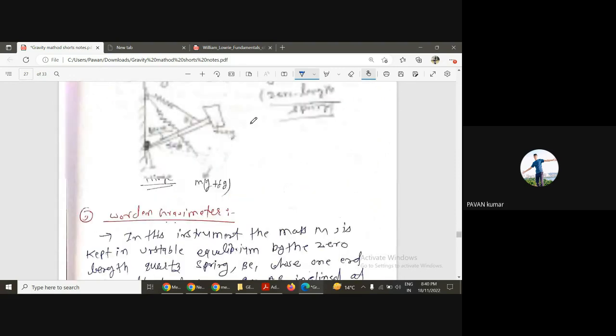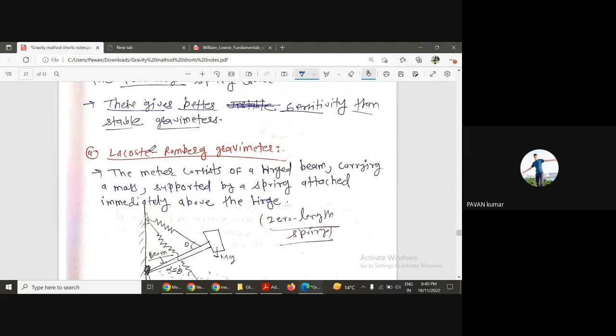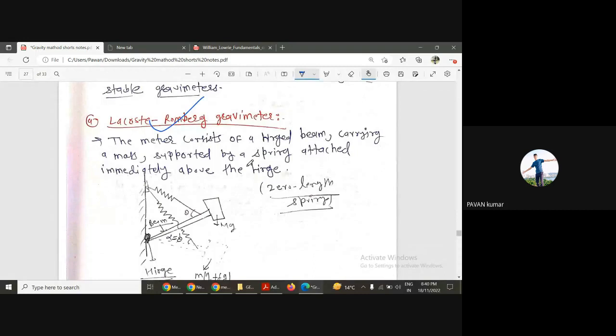The Worden gravimeter is very light and cheap, easy to carry and travel with, and also easy to buy. In the Worden gravimeter, we can automatically compensate for temperature, but the LaCoste-Romberg gravimeter is generally used, which is also used in marine and airborne surveys. The LaCoste-Romberg gravimeter has some disadvantages, like it does not compensate for temperature during early morning and afternoon. These are some basic advantages and disadvantages.